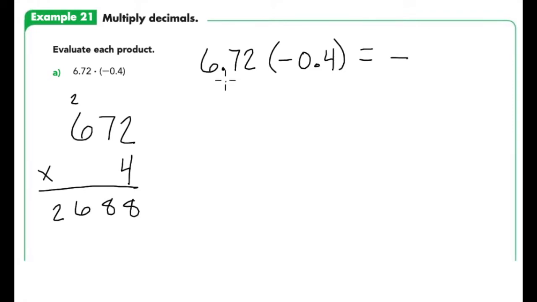In 6 and 72 hundredths, we had the hundredths place, so that is 2 decimal places. And in the negative 4 tenths, we had 1 decimal place. So we need to put in 3 decimal places for this problem, which would bring us between the 2 and the 6. So this gives us an answer of a negative 2 and 688 thousandths.